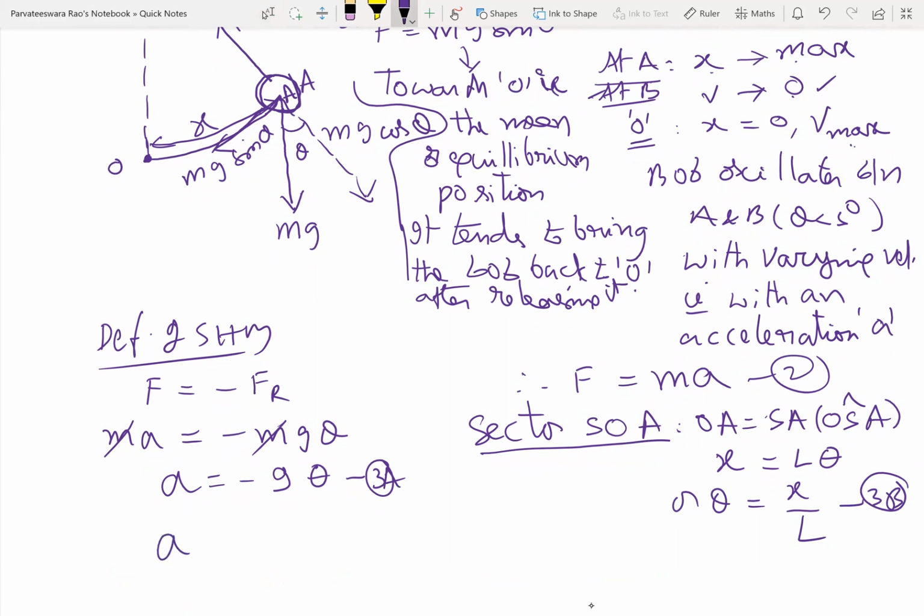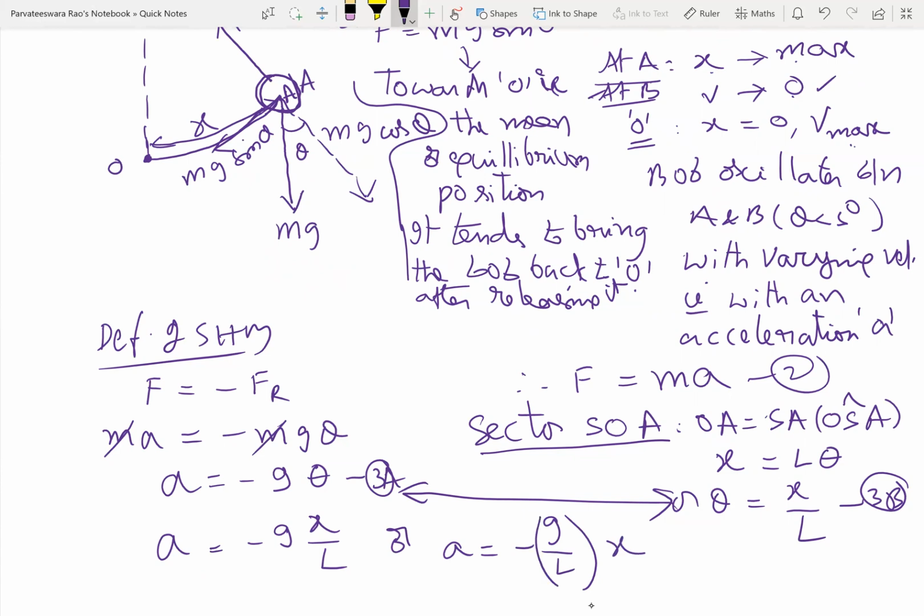So we get, linking these two equations, a is equal to minus g into x by L, or a is equal to minus g by L into x.